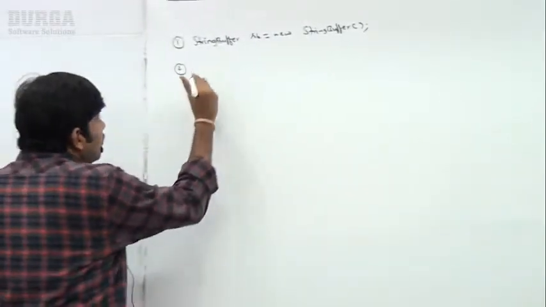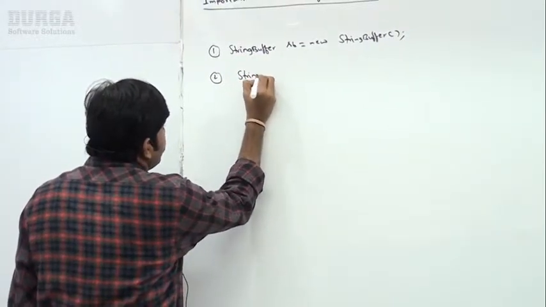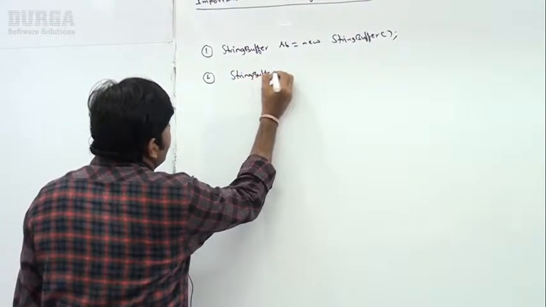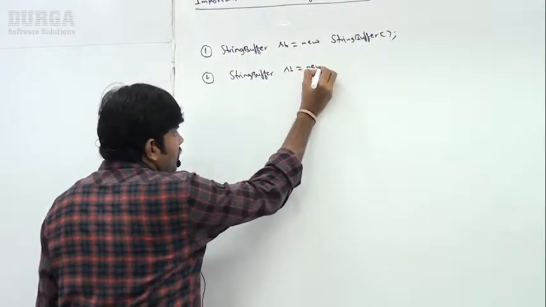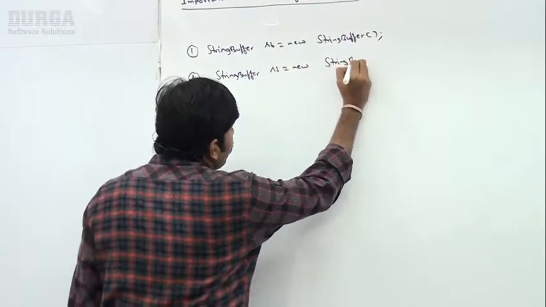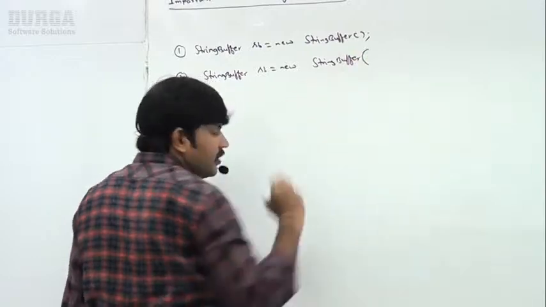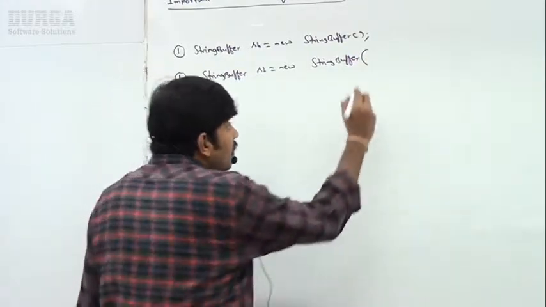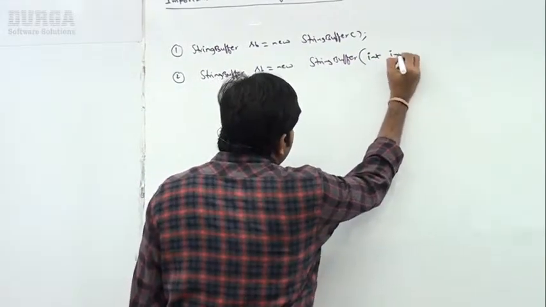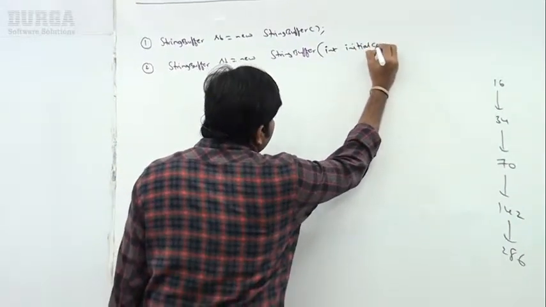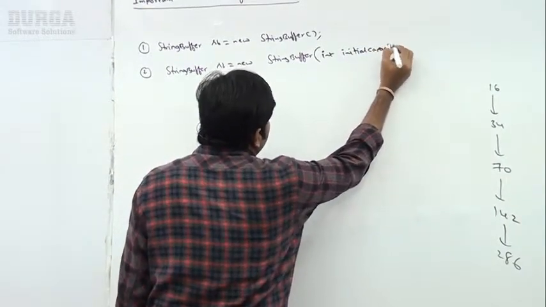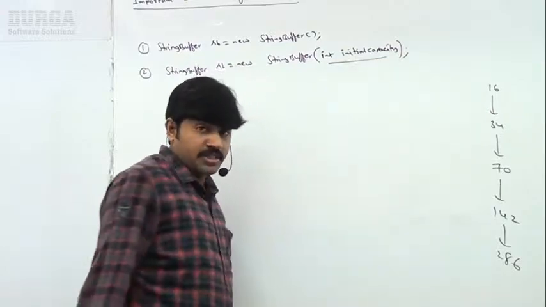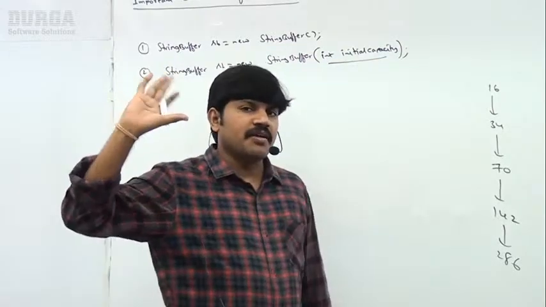What is that? StringBuffer sb is equal to new StringBuffer of int initial capacity. Sir, how much capacity do you require? 1000 capacity I require.